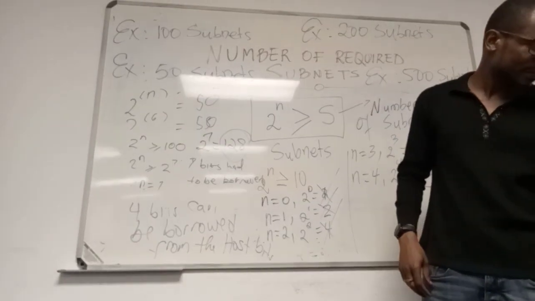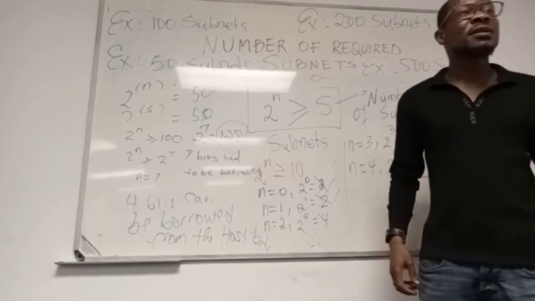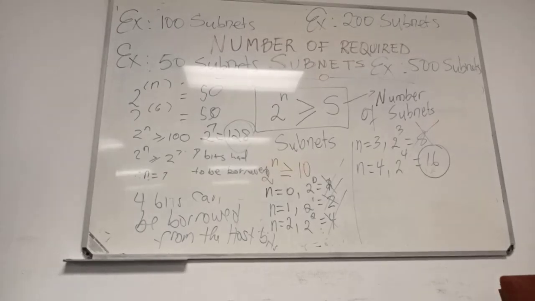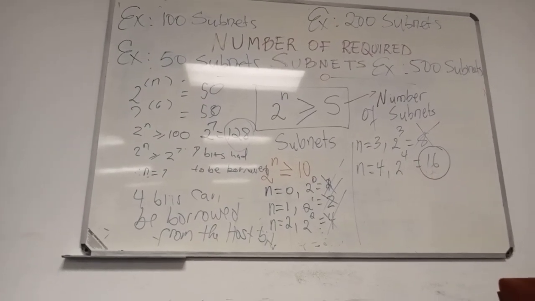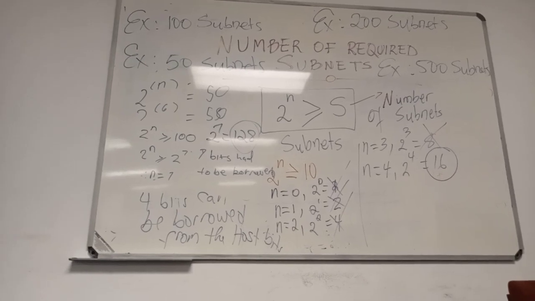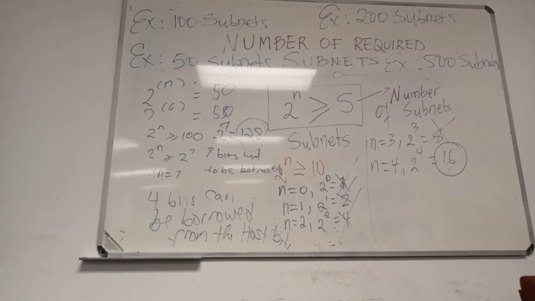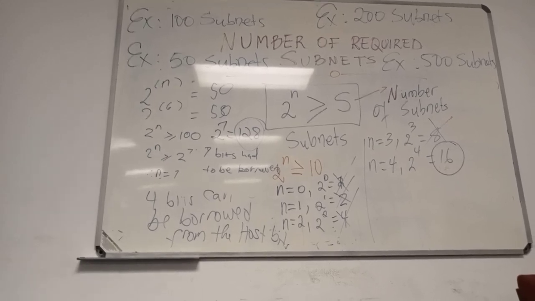Try to think how many bits you have to borrow when the requirement is 200 subnets. You see, banks and bigger companies can go up to 500 subnets. All right? It's fine, you can stop there.